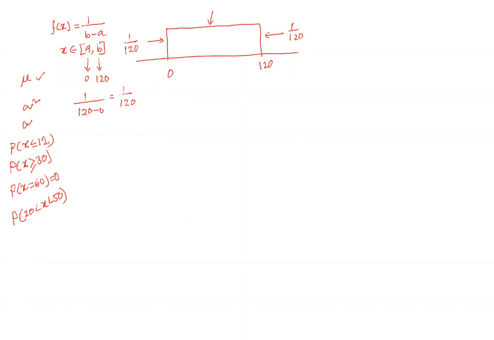Now, look, the probability is non-zero if you are between 0 and 120. As soon as you get off this window, it falls to 0. Probability to the right of 120 is 0. Probability to the left of 0 is also 0.